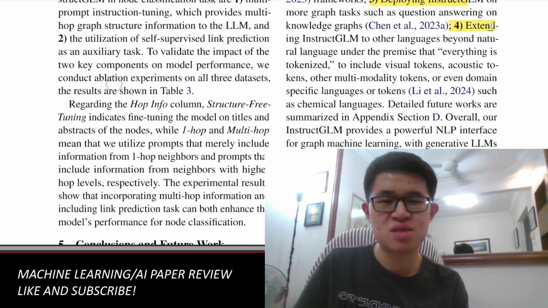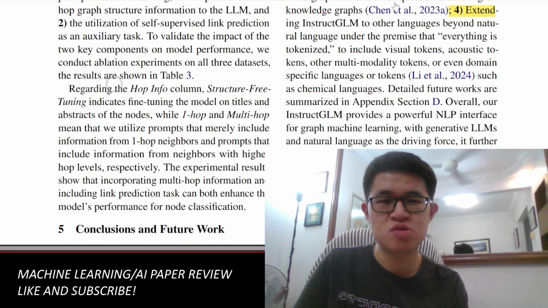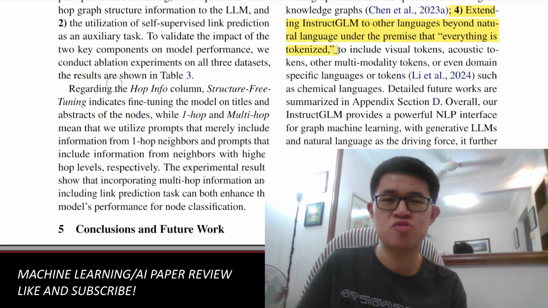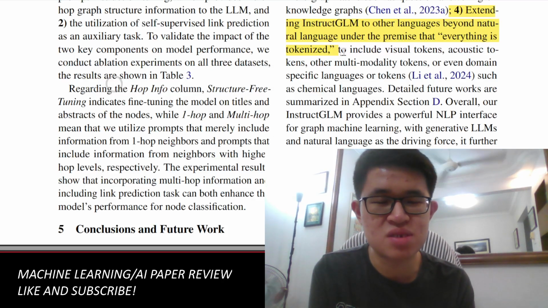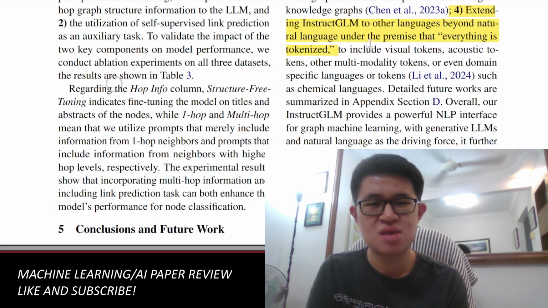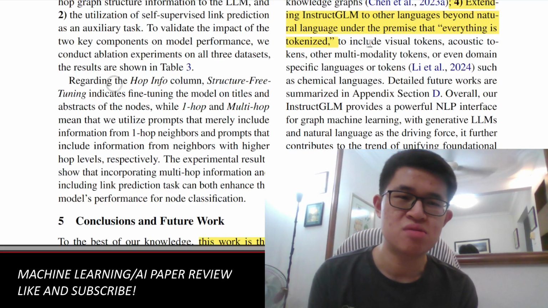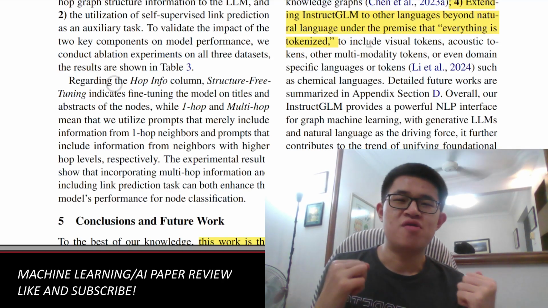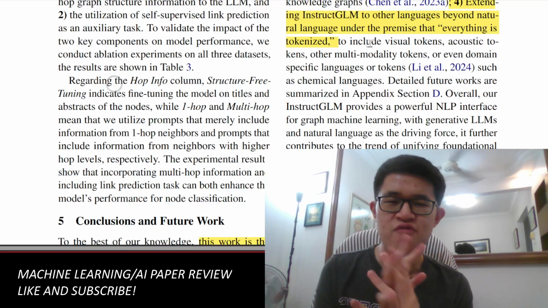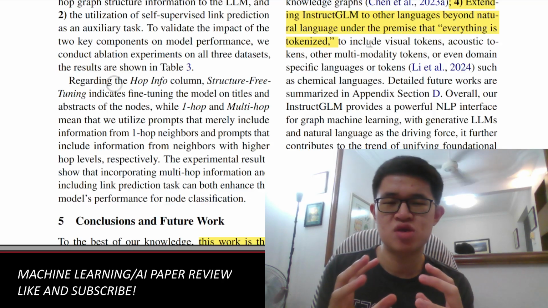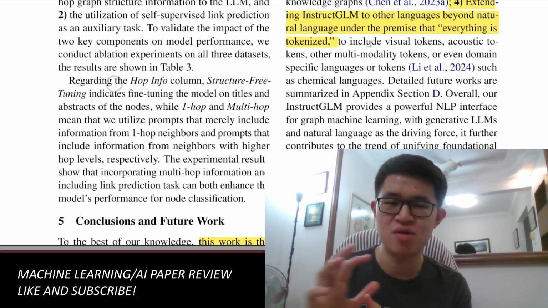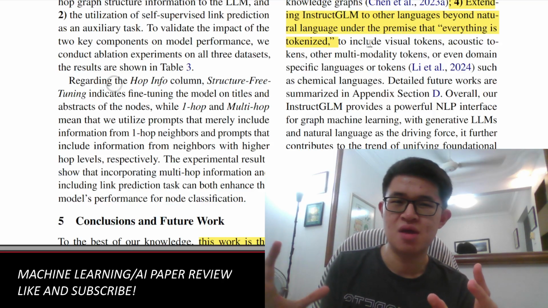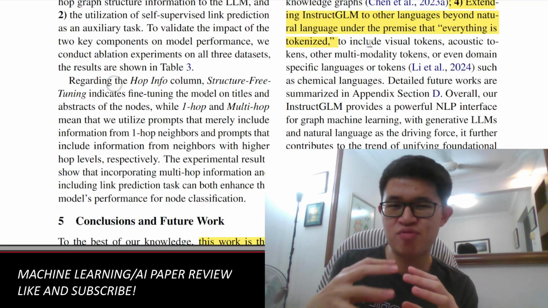And number 4, extending InstructGLM to other languages besides natural language, under the premise that everything is tokenized. So essentially, their idea for future work is to use something like a multi-modal model, like the Gemini model, but add in graph processing.